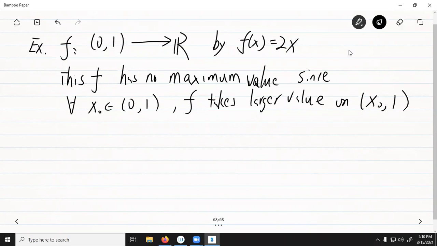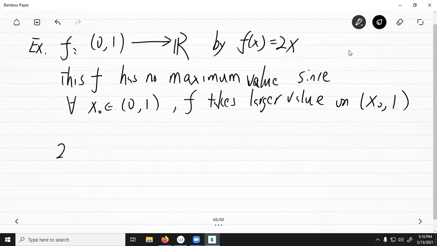Here some student may ask, okay, what about 2? 2 is not called the maximum value. When x equals 1, f equals 2, but 1 is not in the domain, right?